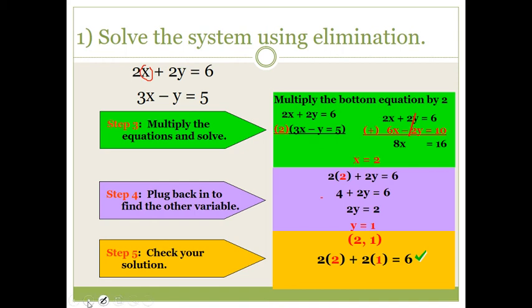So it worked in the top equation. That doesn't prove it's a solution yet, right? It also has to work in the second equation. So I replace the x and y with 2 and 1 in the second equation, and I work out that 6 minus 1 does indeed equal 5. So now I'm guaranteed that the point (2, 1) is the solution to this system of equations.